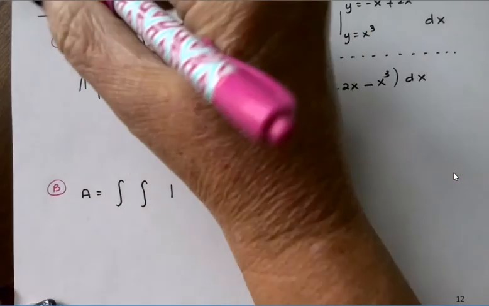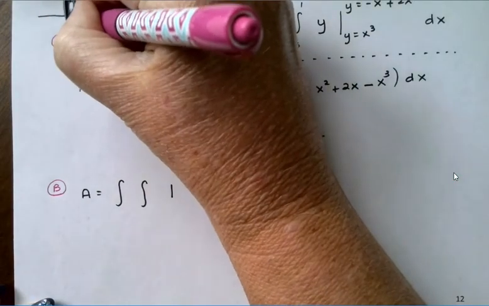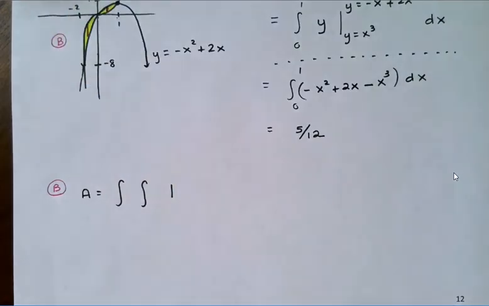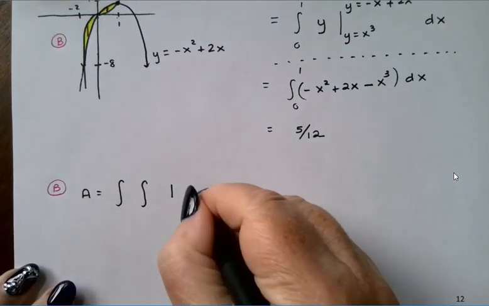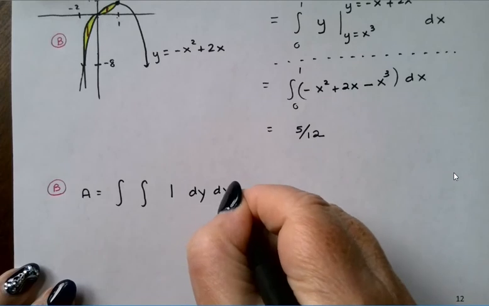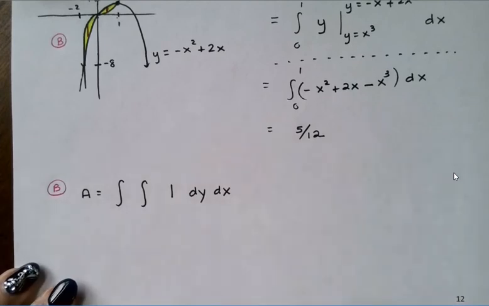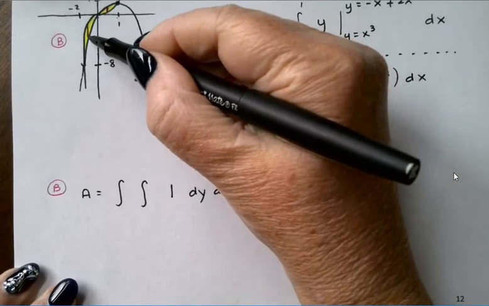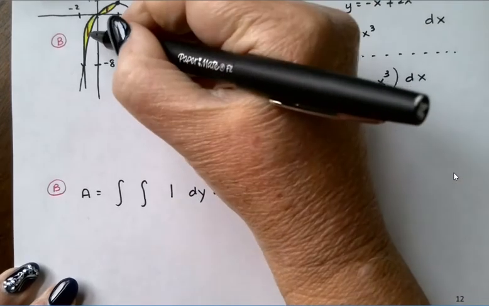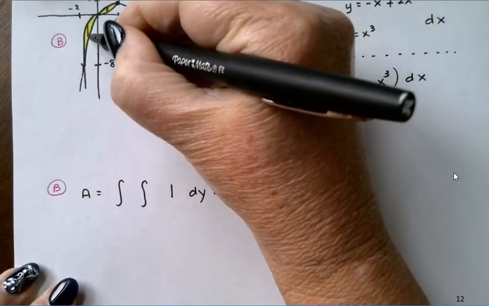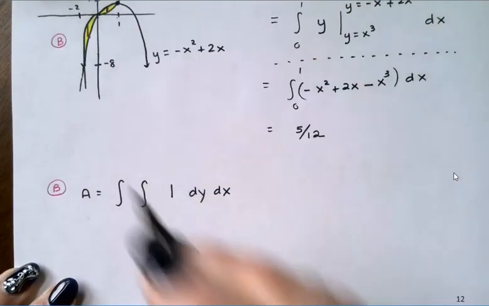I'm once again going to think of vertical rectangles here. So I'll go in the order dy dx. And the only real difference is this time, integrating bottom to top for the y's, the bottom function here is actually the x cubed function.